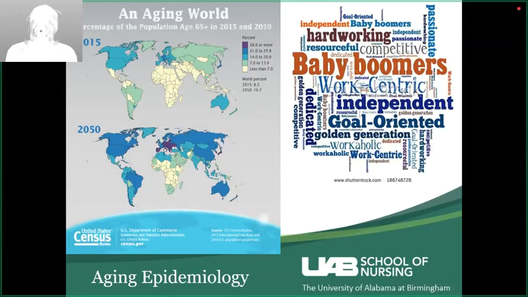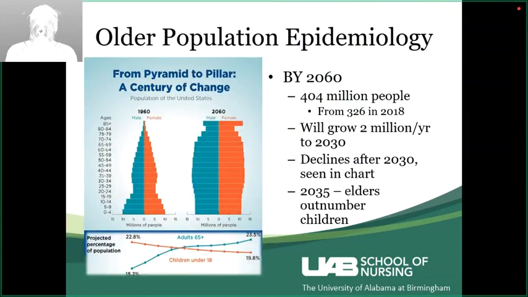So when I talk about elder abuse, I'm speaking about anyone who is 60 years or older, and that's because the federal government defines it that way. But let's look at another view of how the population of older persons will look by 2060. So in 2060, you see there's 2 pyramids. In 1960, at the tip of the pyramid, it looked like a rocket.